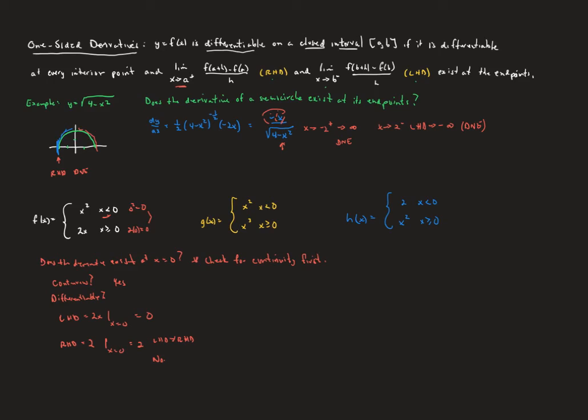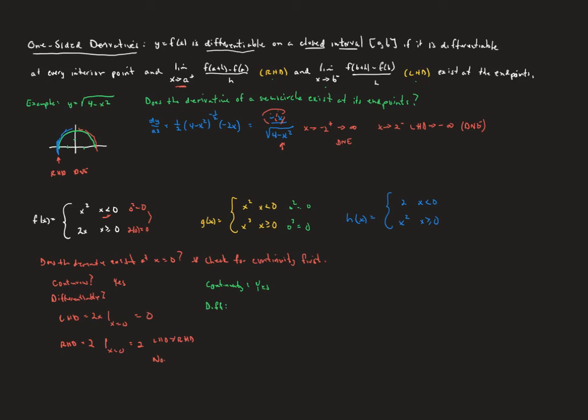Now the middle one, the g of x, so we first check for the continuity piece. And so again, to do that, we're going to plug 0 into the first one. So we get 0 squared is 0, and 0 into the second piece, and that's also 0. So yes, the function is continuous. So then we check for differentiability.